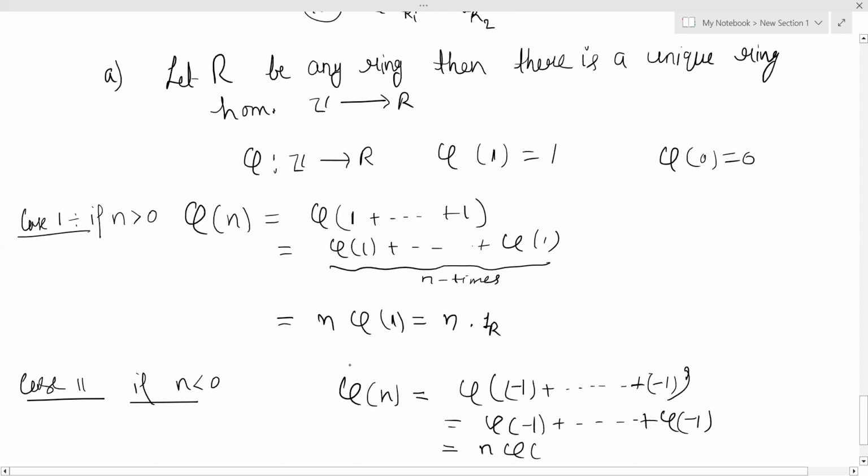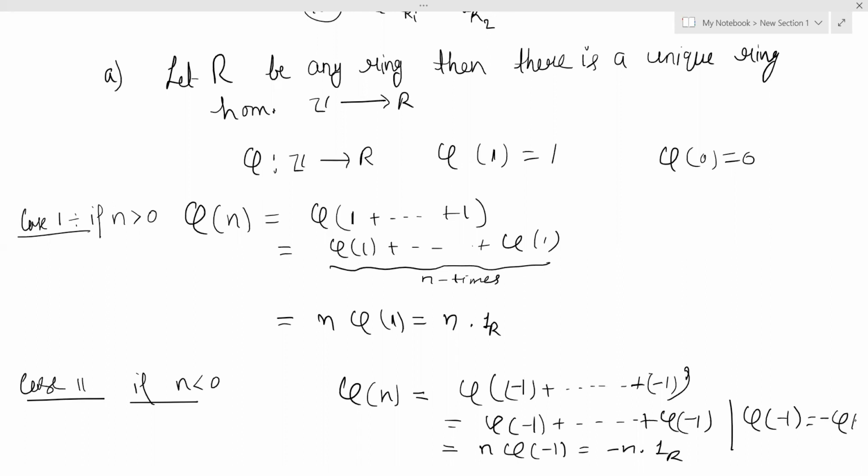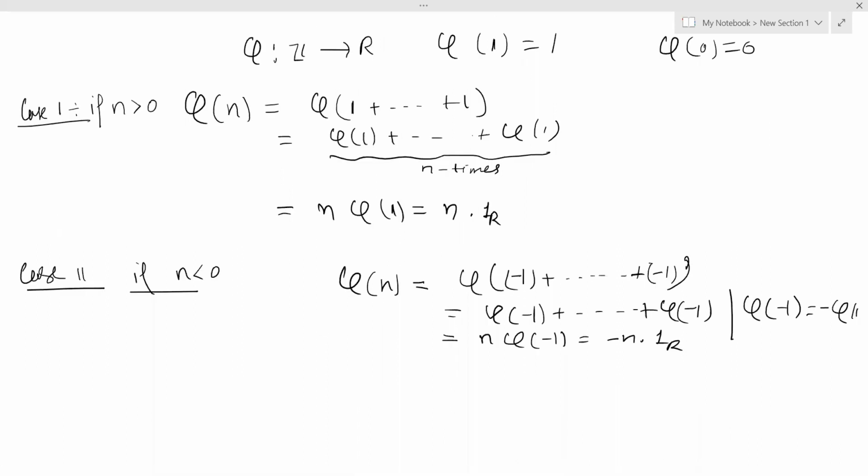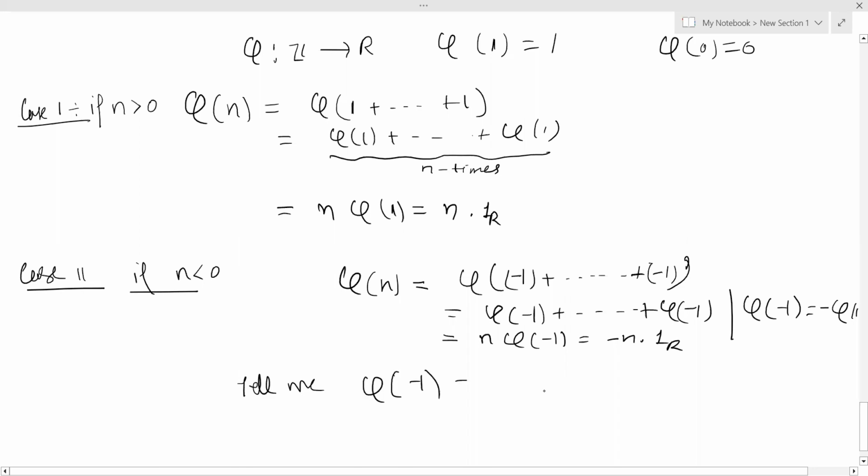But I want to show this is minus n times 1 of R. So we have to show that phi of -1 is minus phi of 1.